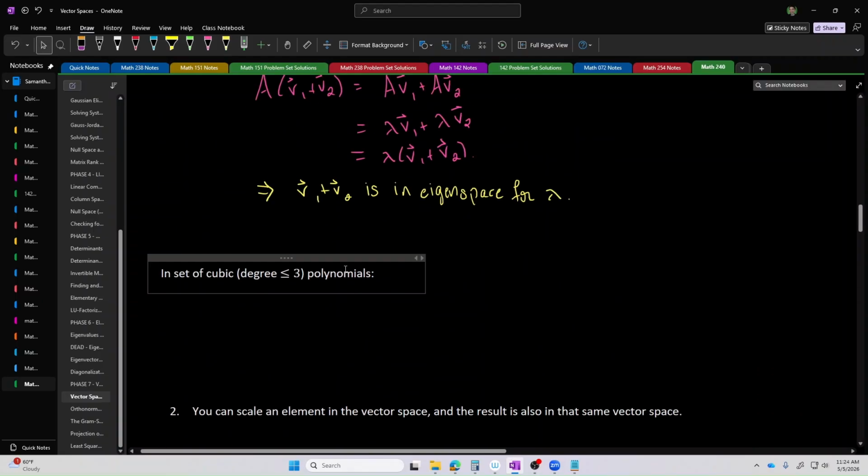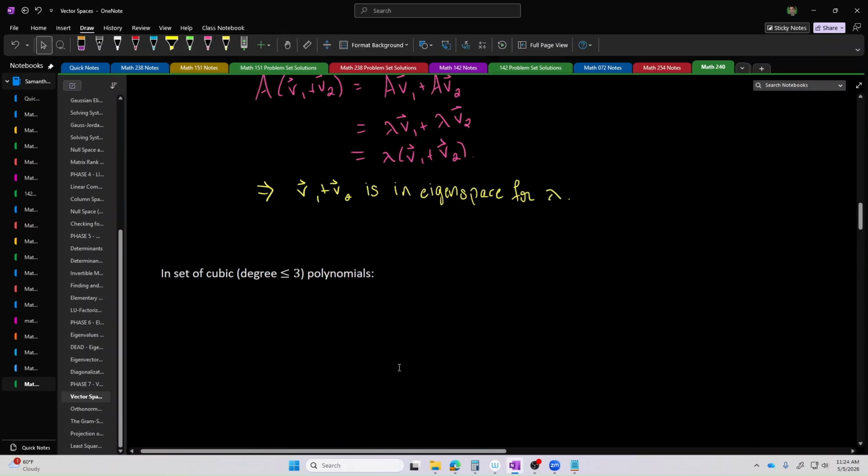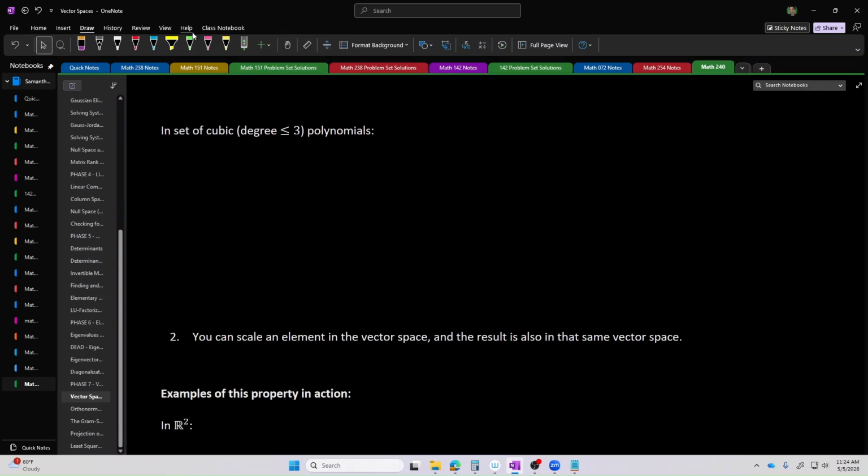And finally, to see this property manifest in the context of polynomials, if I have two polynomials of degree less than or equal to 3, for example, a pair of cubic polynomials, then when we add them together, the result is also going to have a degree less than or equal to 3.